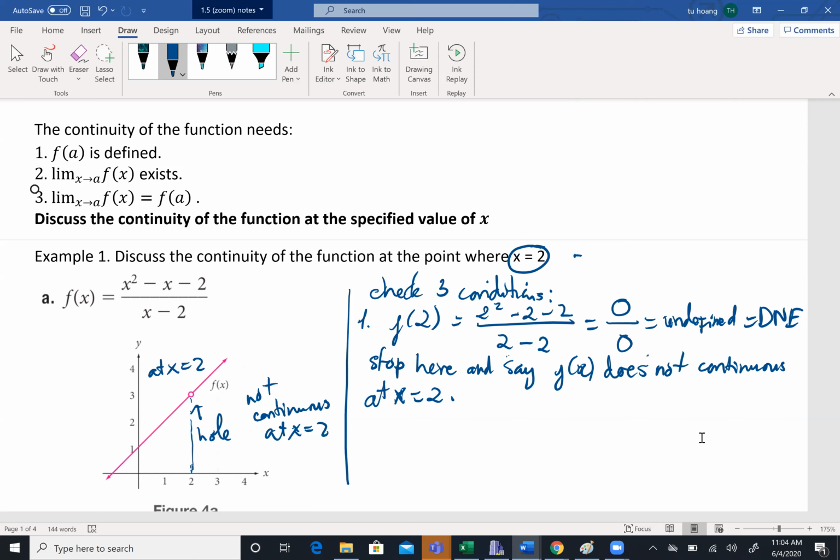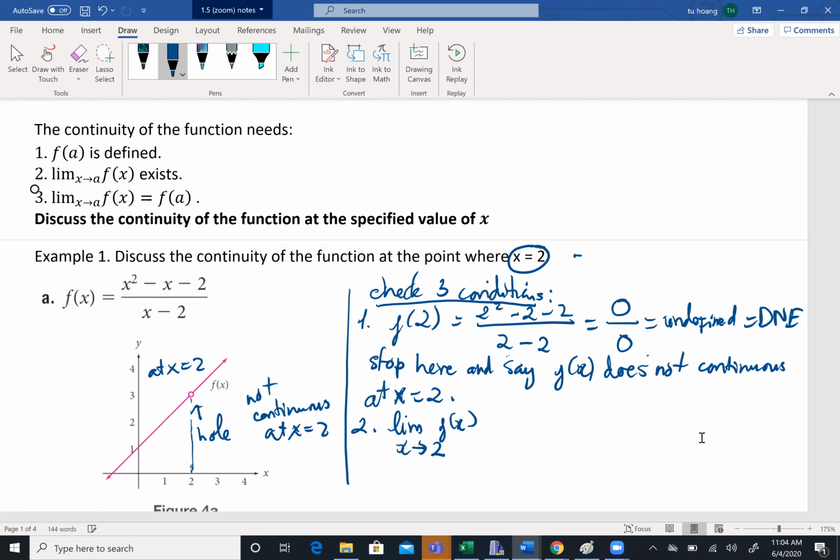However, because I want to show you 3 conditions, I'm going to keep moving to show you the second condition. Condition number 2 is about the limit of f(x) when x goes to a. What's a in here? 2, right?